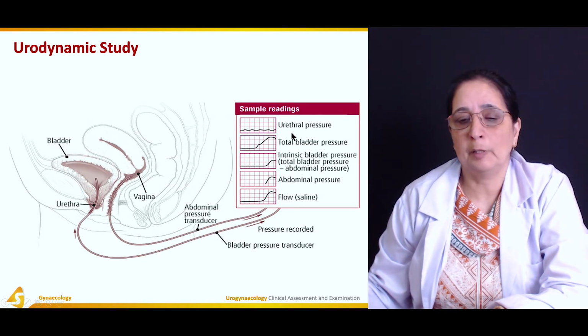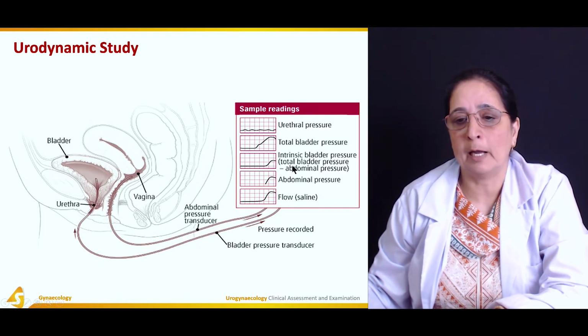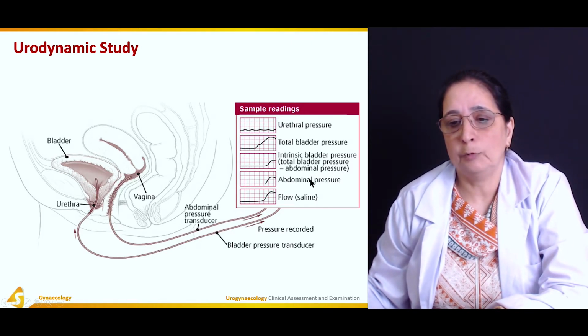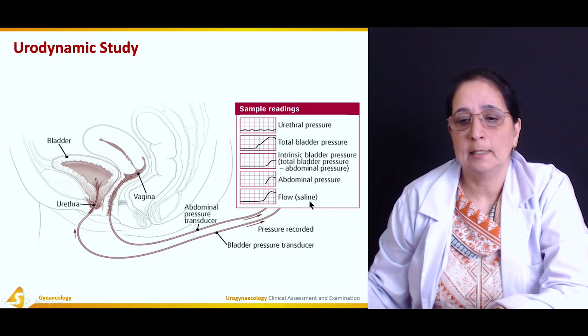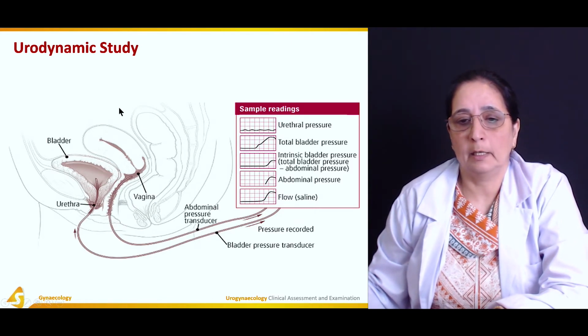One is urethral pressure, how much it is increased, total bladder pressure, and intrinsic bladder pressure. Intrinsic bladder pressure is obtained by total bladder pressure minus the abdominal pressure. This is the abdominal pressure, and then the saline flow when it is inserted.